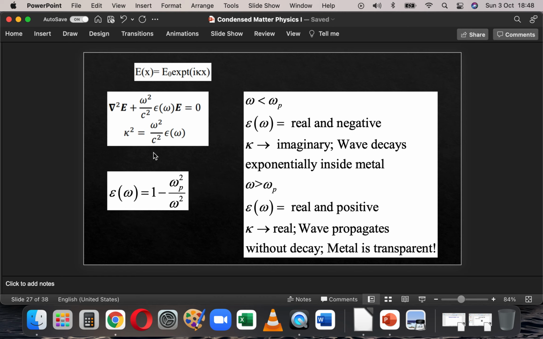When the electric field is in one direction, the electrons are polarized in one direction, and when the electric field oscillates in the opposite direction, the electrons are polarized in the other direction, and back and forth. This creates a kind of charge density wave in the solid, and that's why it's called the plasma. You can think of this electron gas as a plasma which is oscillating back and forth, and that's why it's called the plasma frequency.